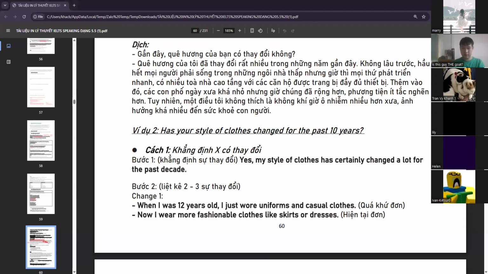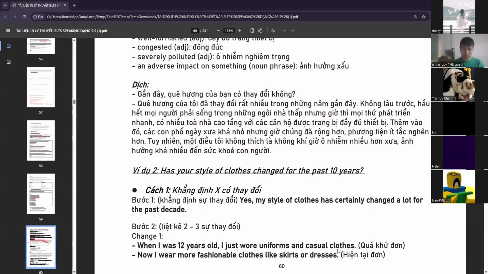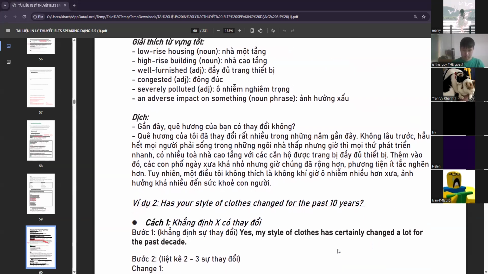My style of clothes has certainly changed a lot over my past decade. When I was 3 to 4 years old, I just liked wearing dresses and beautiful pink clothes.